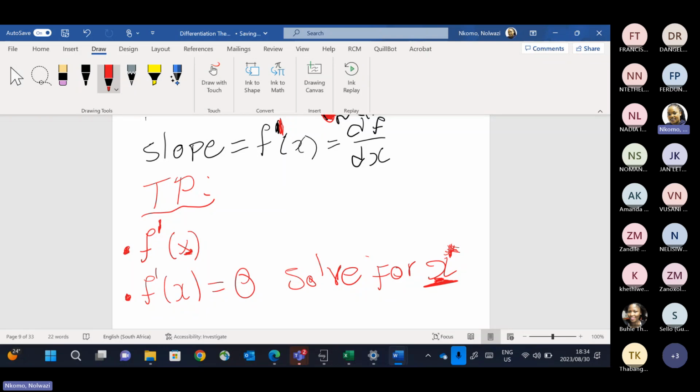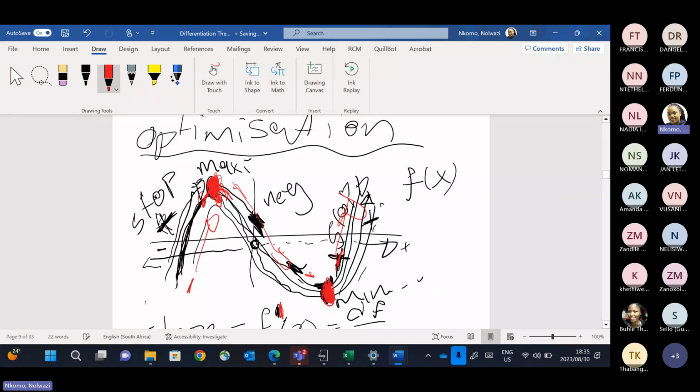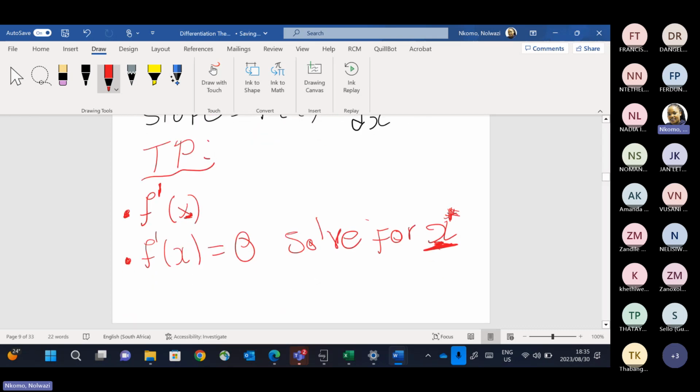Then the next step is to find the corresponding value of y. Remember, if we find only the value of x, that means we know what x is here, but we don't know this value. For this to be a point, it must have the x value and the y value, right? To get the y value, you will take this x and substitute back into your f at x.